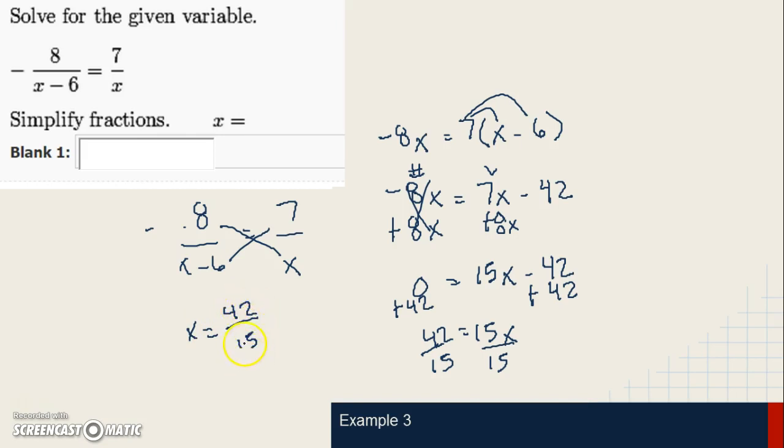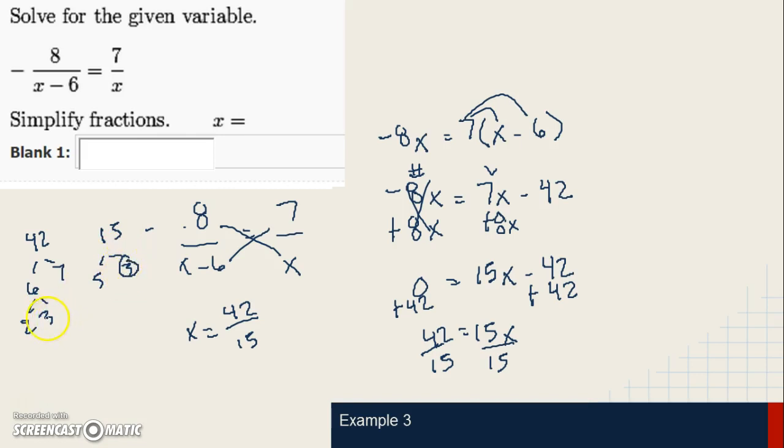I'm going to see if I can simplify this, so I'm going to come over here and see if there's a number that I can divide both of these numbers by to simplify the fraction. 42, and I'm just creating a factor tree to see if they have common multiples, 2 and 3 and 5 and 3.